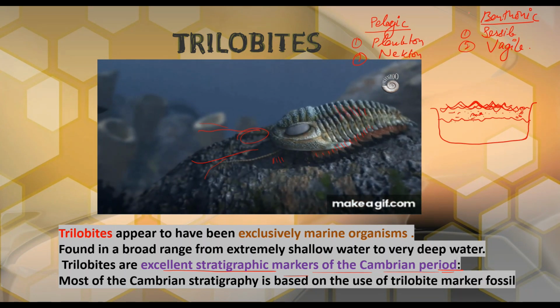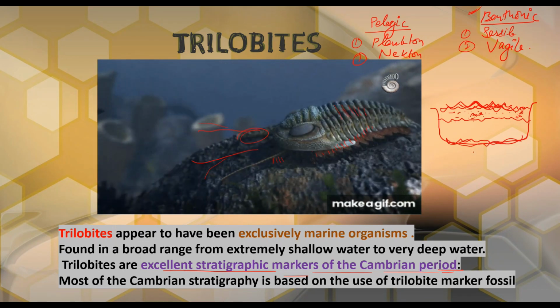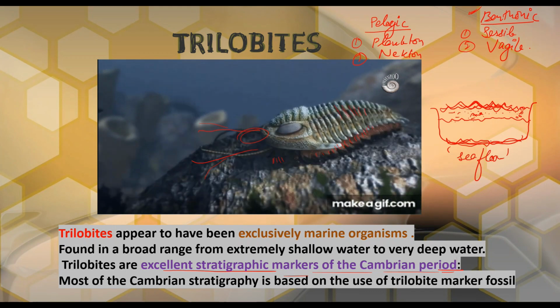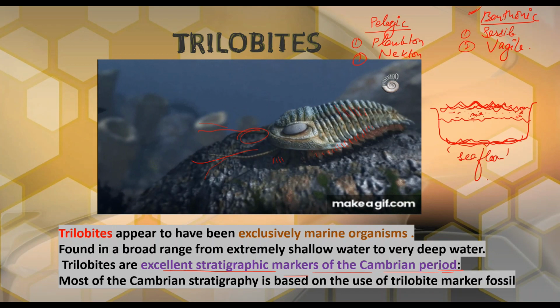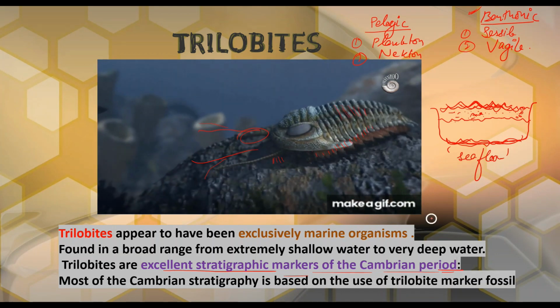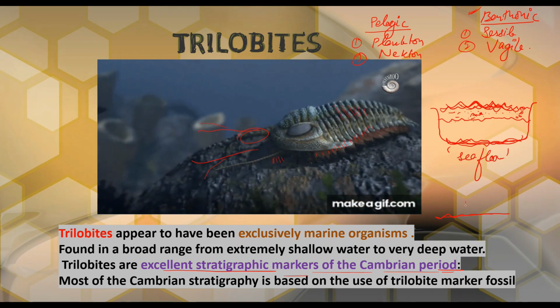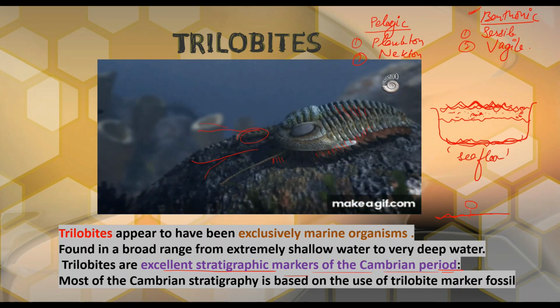But in the case of benthonic, they live at the bottom surface, or you can say the sea floor. They generally live on the bottom surface of the sea or sea floor, right? And they are divided into sessile and vagile. Sessile generally attach to the sea bottom. Suppose this is the bottom surface of the ocean, and here they attach themselves with any kind of structure, like they have rod like structures, right?